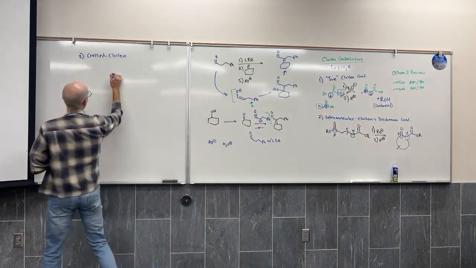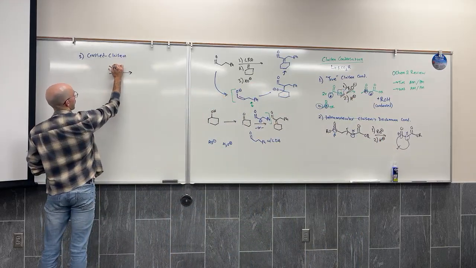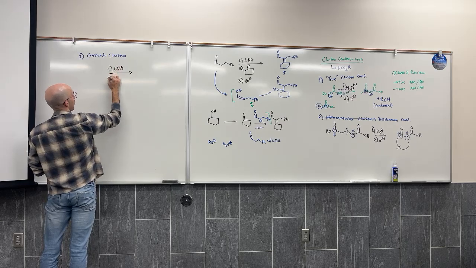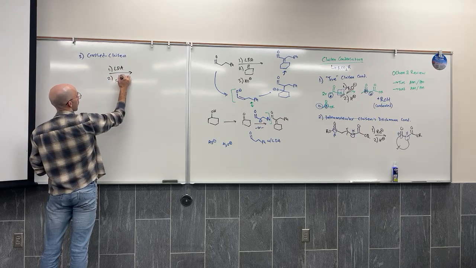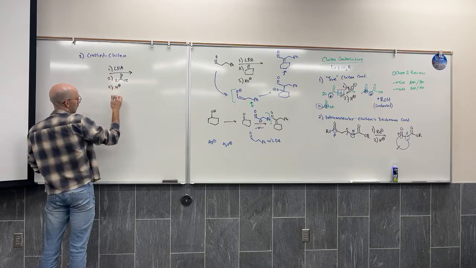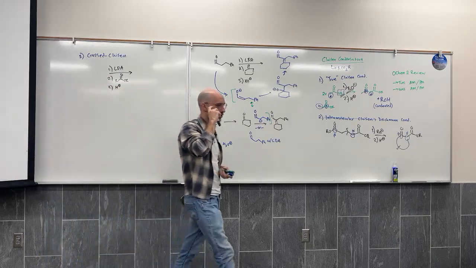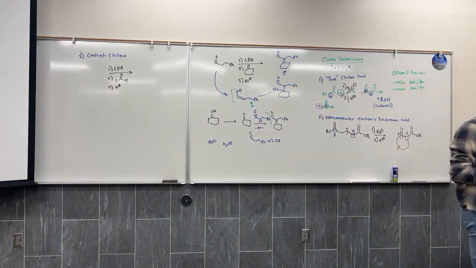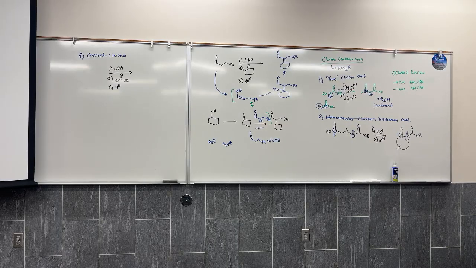And even the crossed Claisen, if you first use LDA and then you introduce your ester, you still have to do an acid workup. So I want to talk to you guys about why we need to do that acid workup.